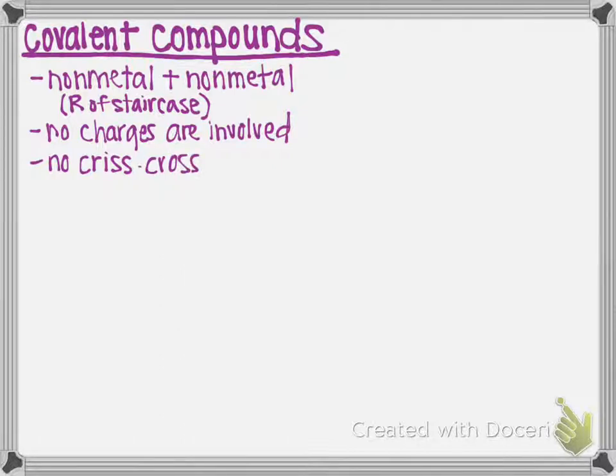Alright, so we need to figure out how to name covalent compounds and also how to write their formulas. So the first thing we're going to do is naming. Your rule is that you need to name the first element and then name the second element, just like ionic.